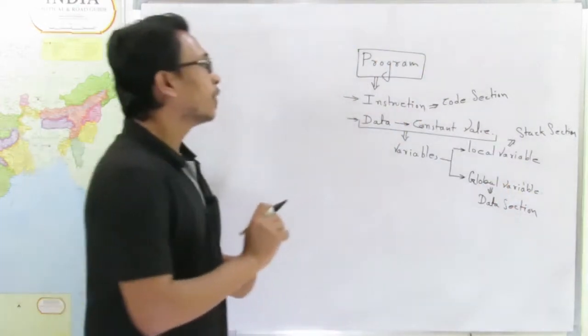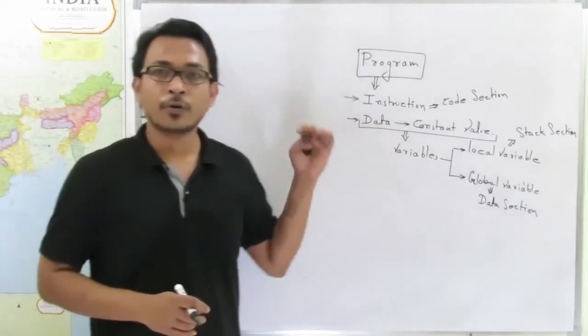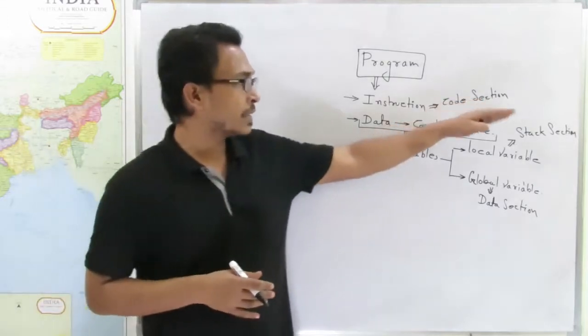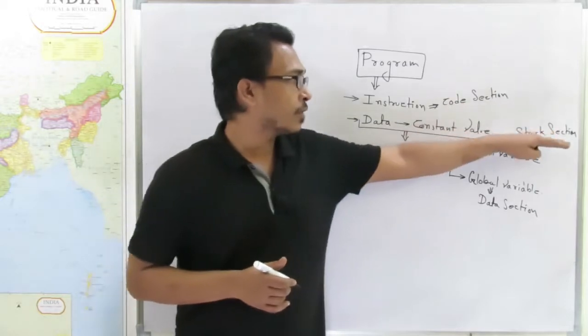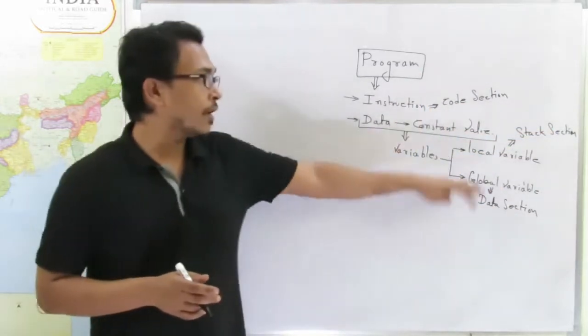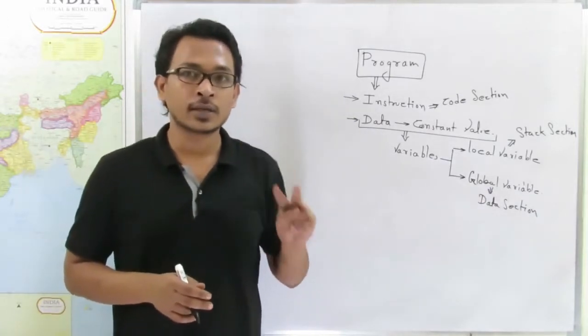Clear? That means whenever memory is allocated for a program, that particular memory space is divided into three basic segments. First segment is code section, second one is stack section and third one is data section. But along with these three sections, we also have two more sections.